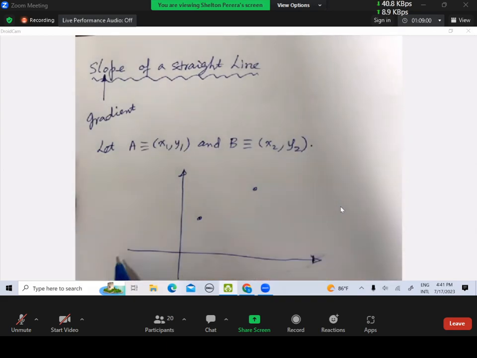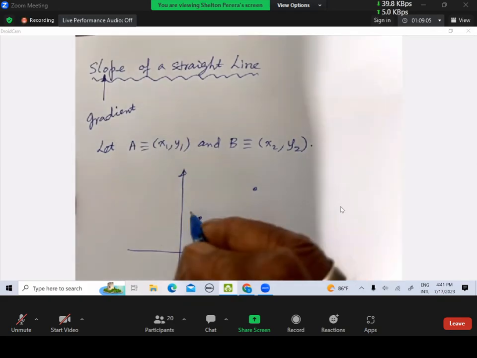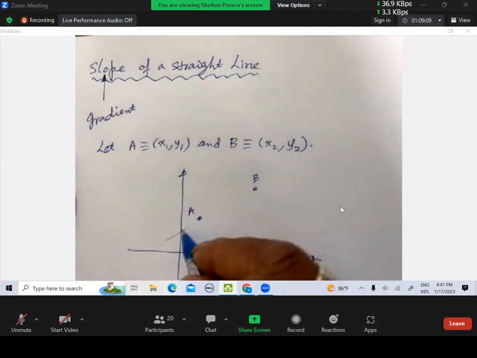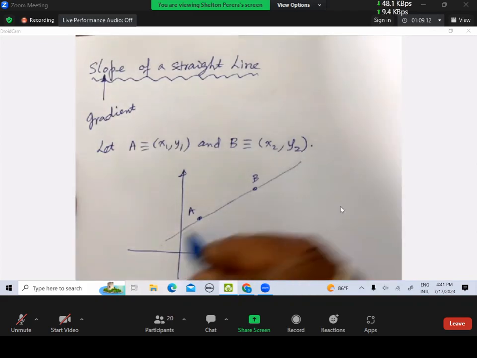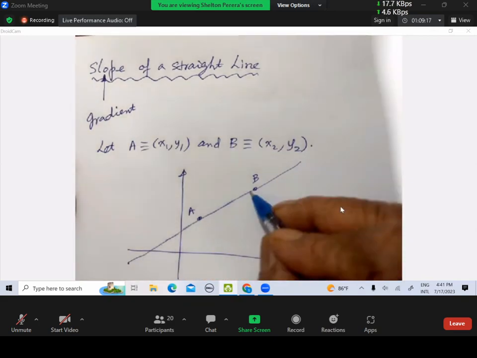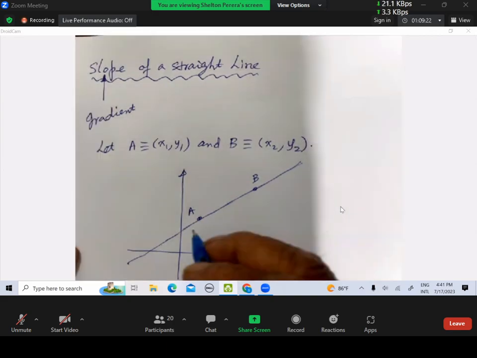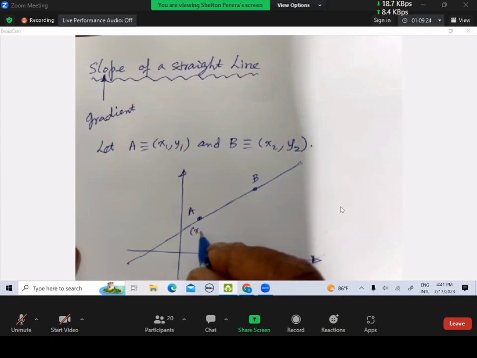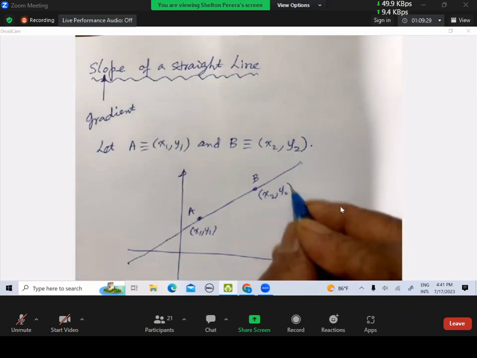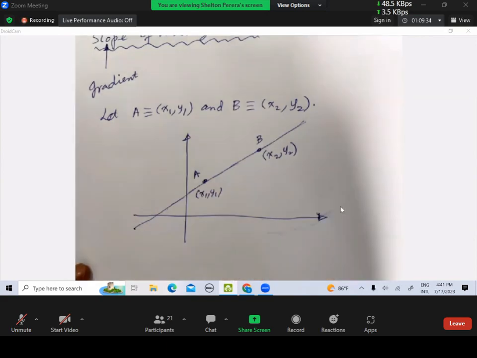I am talking about the line joining A and B, not just the line segment, the entire straight line joining these 2 points. A has coordinates x1, y1. The coordinates of B are x2, y2. Do you understand? I have just put this into pictorial form.